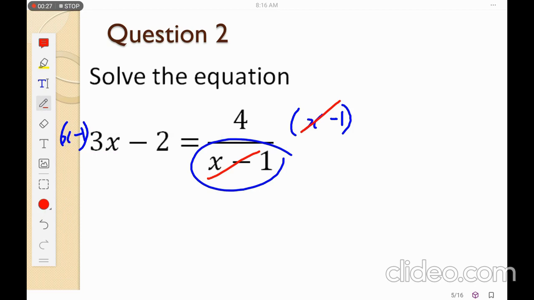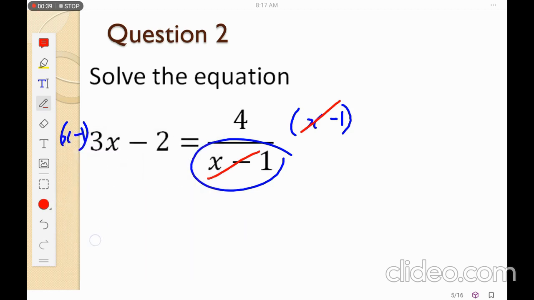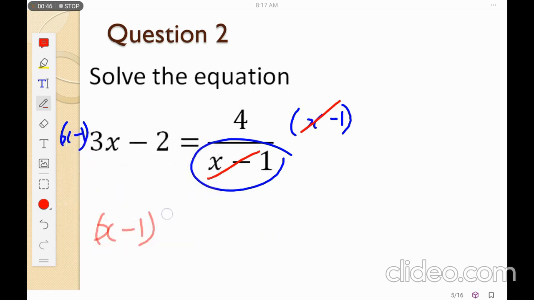At the end of the day, we will remain with x on this side, and x minus 1 times 3x minus 2 is now equal to 4, like that.